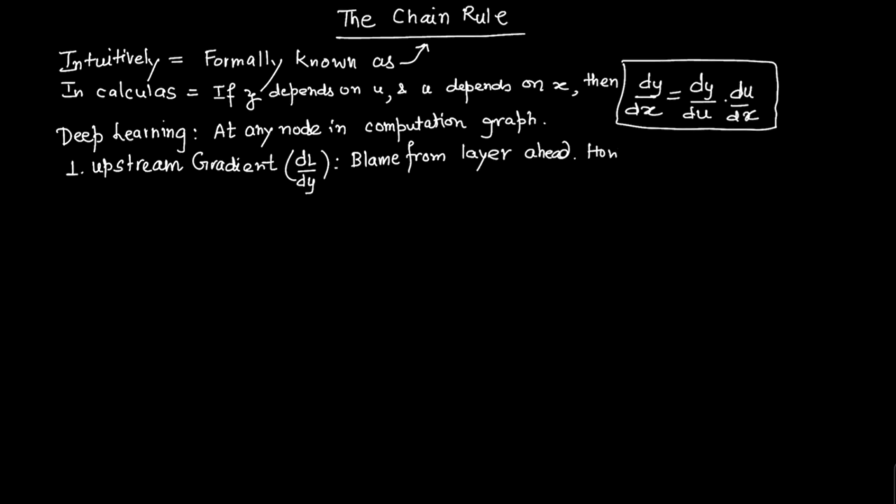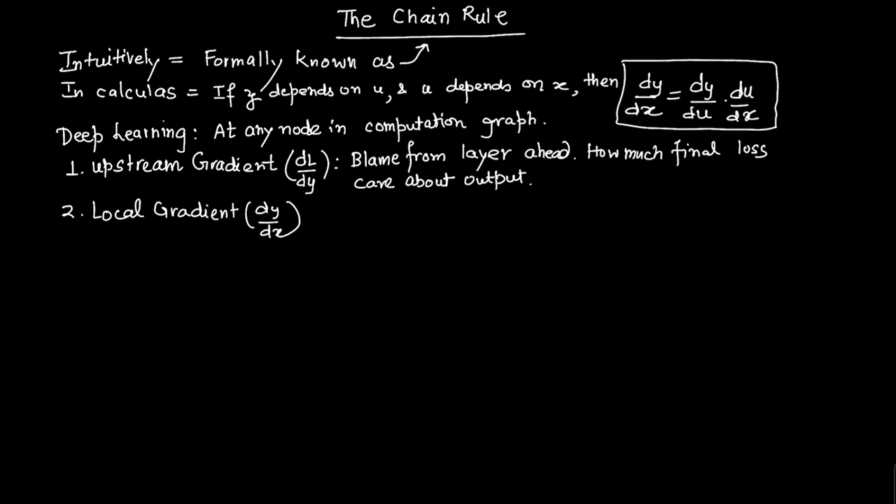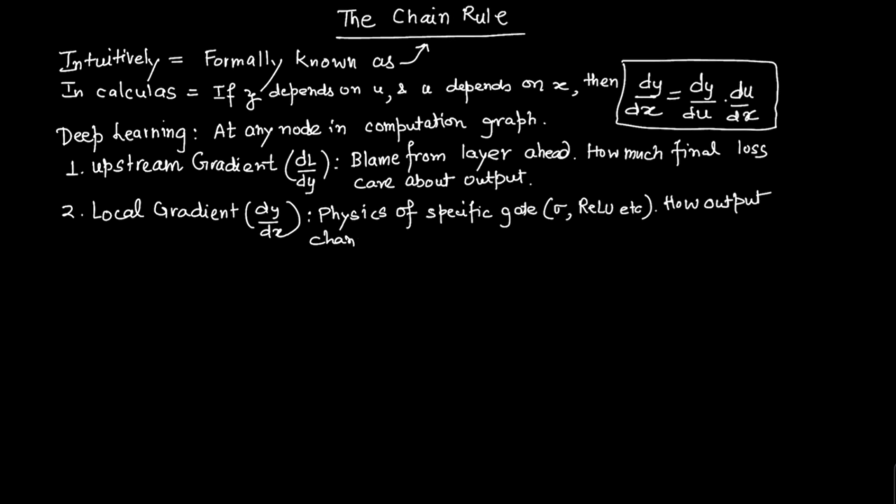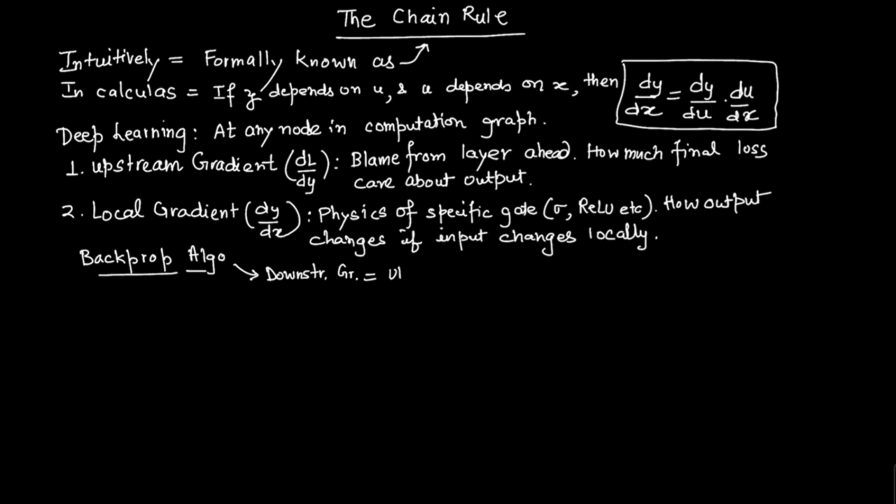This tells us how much the final loss cares about our output. And second, the local gradient, which is dy by dx. The physics of this specific gate, such as sigmoid, ReLU, or multiply function. This tells us how our output changes if our input changes locally. The backpropagation algorithm is simply: downstream gradient is equal to upstream gradient times local gradient.